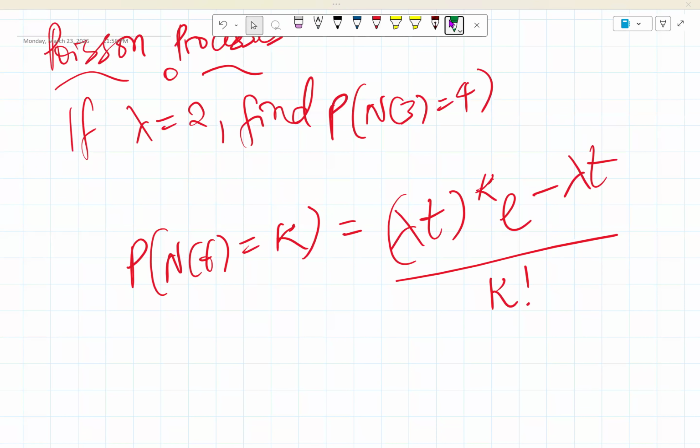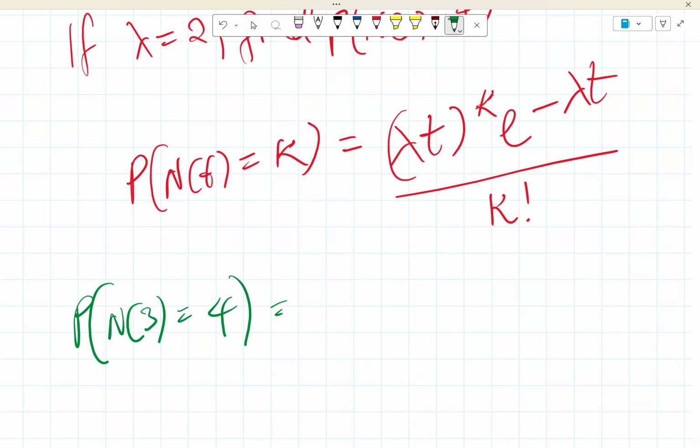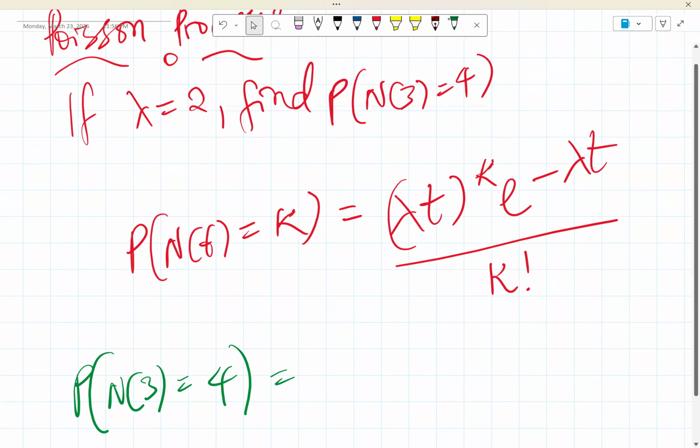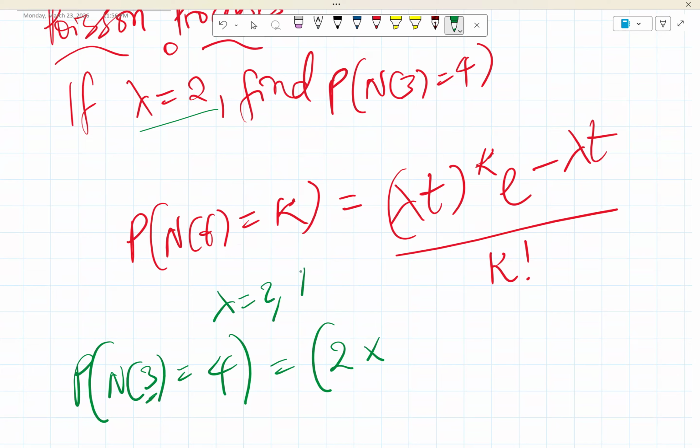With this in place, we can have the probability that N of 3 is equal to 4. Lambda is 2, and time is 3, as you can see. So we know lambda is 2, time is 3, and k is 4.